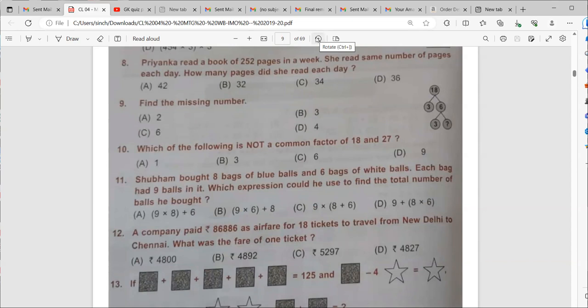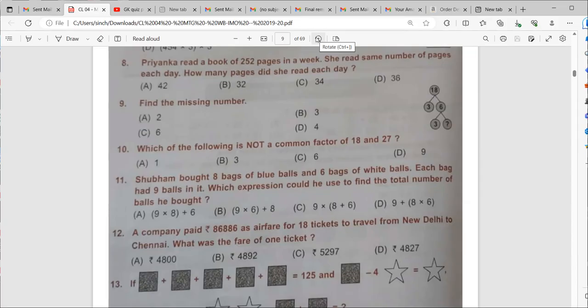Excuse me, ma'am. Yes, sure. I cannot understand the number 11. You cannot understand number 11. Wait. Okay, do one thing. Read the sum better. Read the question.